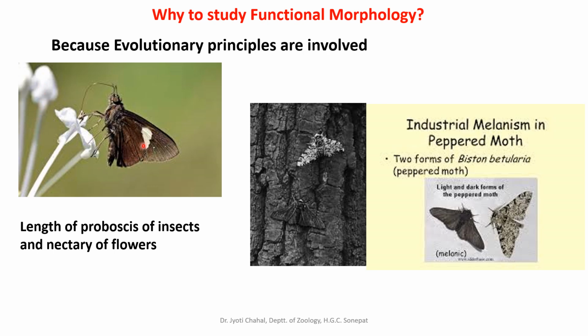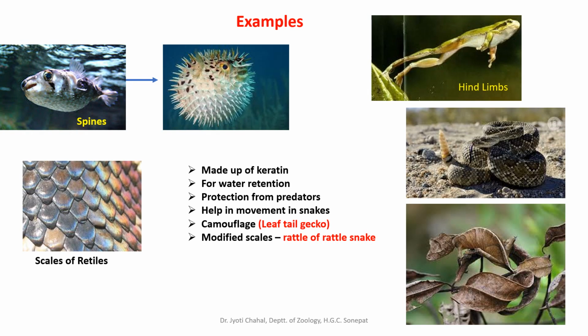Okay, so in this manner both the flower and this butterfly will survive. And that is again an evolutionary process which is involved because of functional morphology. If you study the functional morphology, you can easily interpret the evolutionary processes, that means co-evolution of these two organisms.